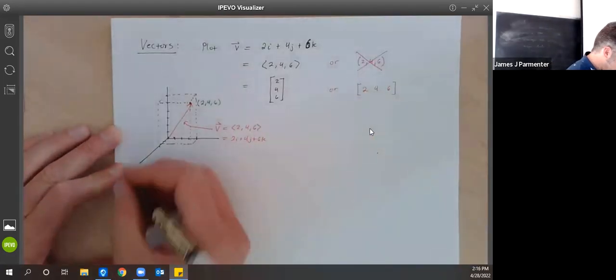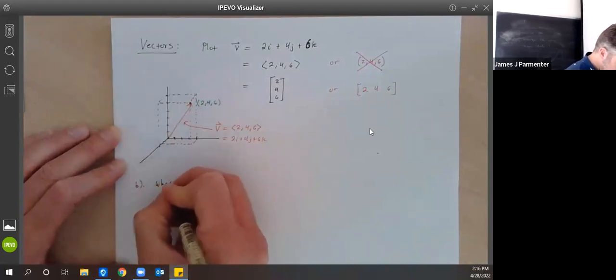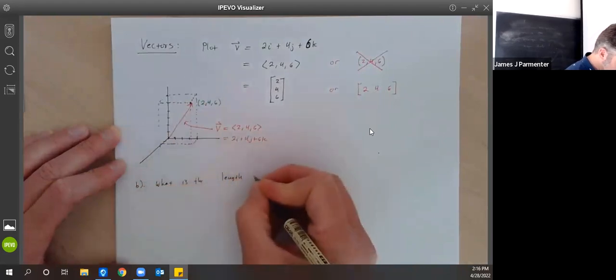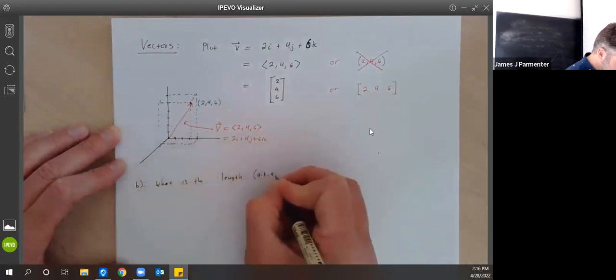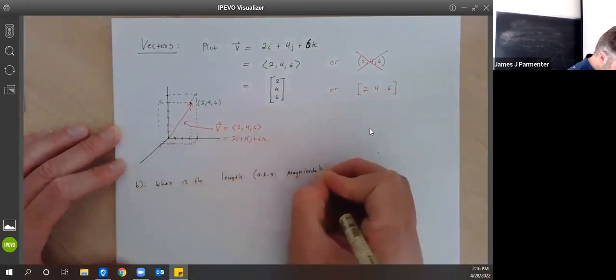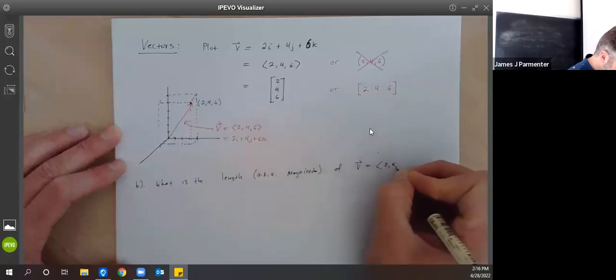Speaking of length, what is the length, also known as, probably preferably known as, the magnitude of the vector v equal to 2, 4, 6?